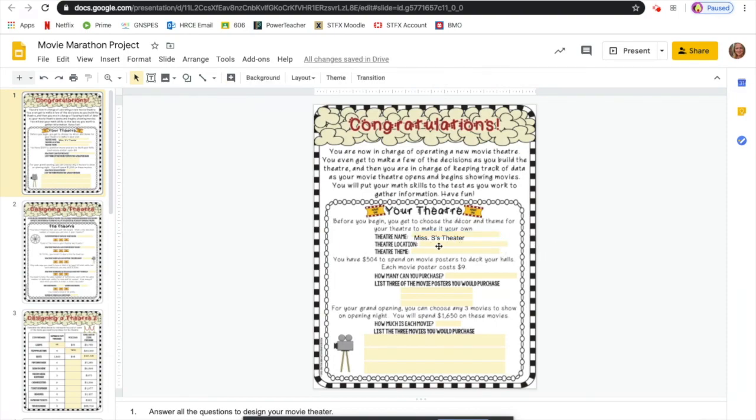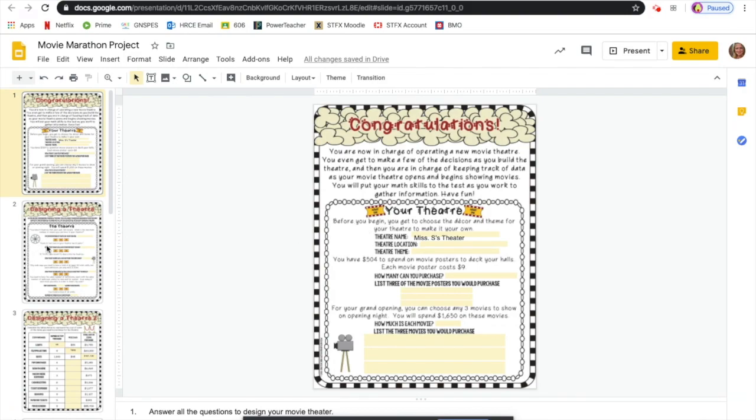So I can type right into the boxes where you can see. If this is too difficult for you, you can also print it and do it pen and paper, and then you can have mom, dad, whoever's at home with you, send it to me through Class Dojo. So first page is all about your movie theater, what it looks like, and what you're going to have in it.